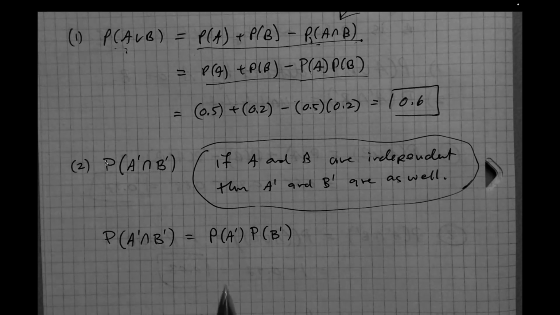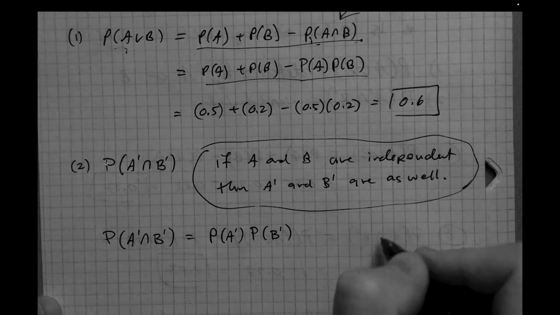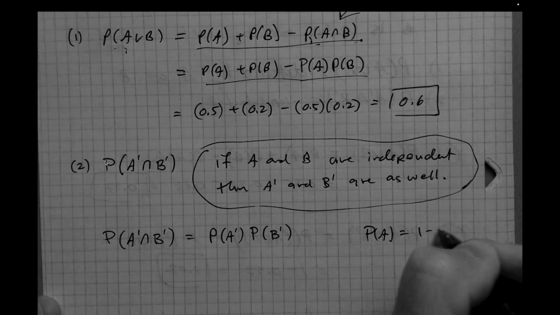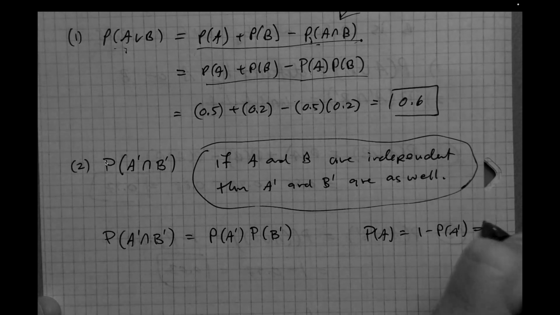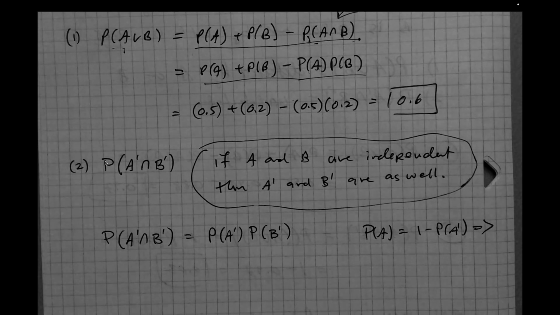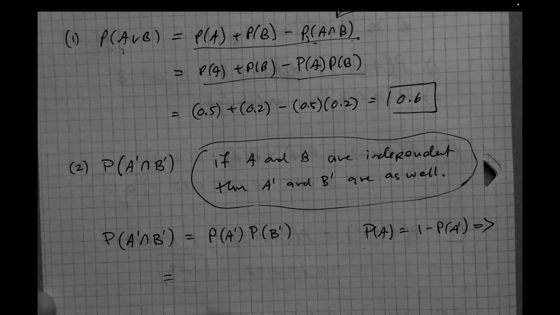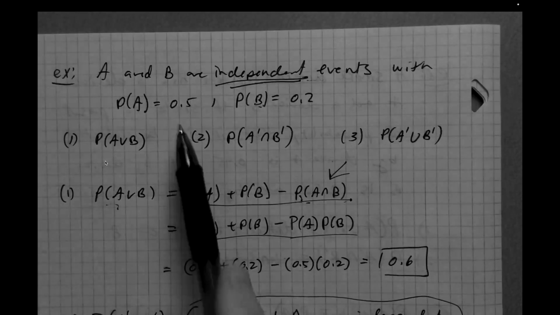We know from earlier that the probability of A is equal to 1 minus the probability of A complement. That plays into how we calculate these. So the probability of A complement must be 1 minus a half, so it's 1/2.